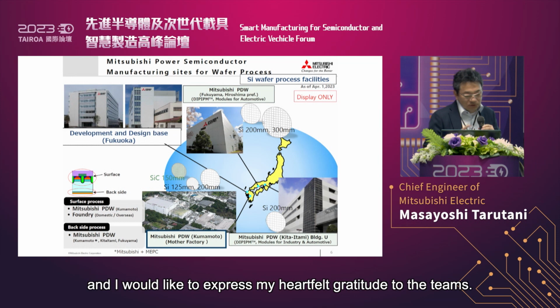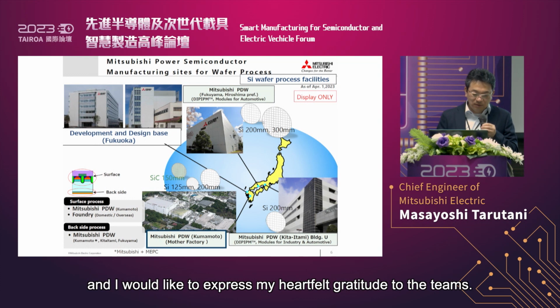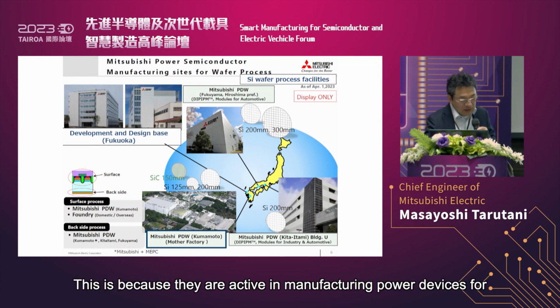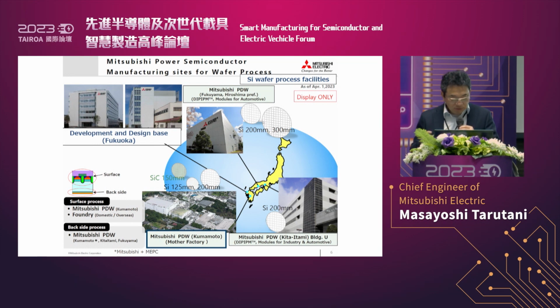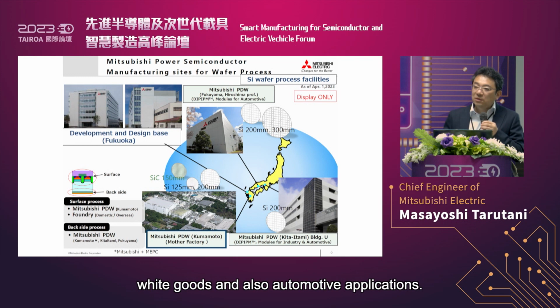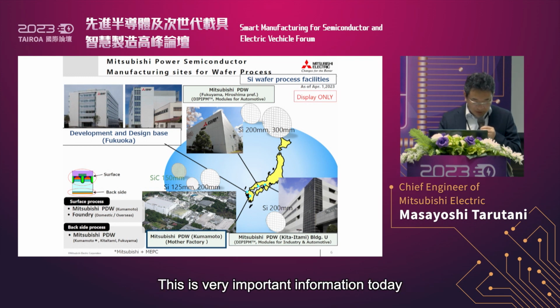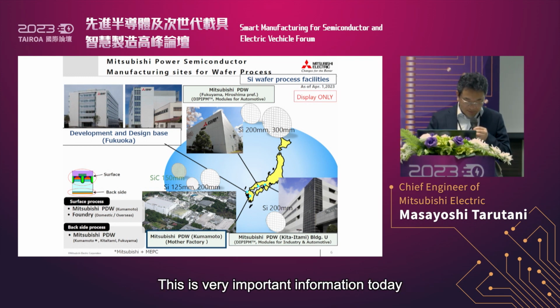And I would like to express my heartfelt gratitude to the teams, because they are active in manufacturing power devices for white goods and also automotive applications. This is very important information today.